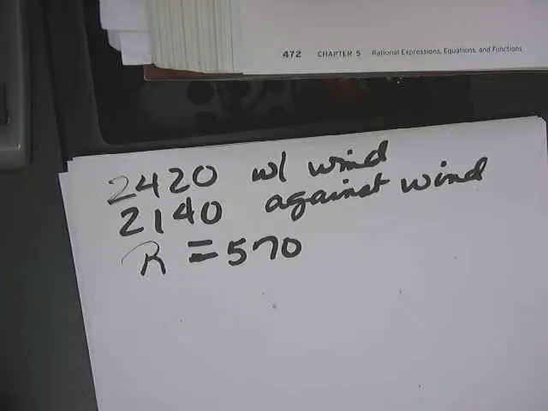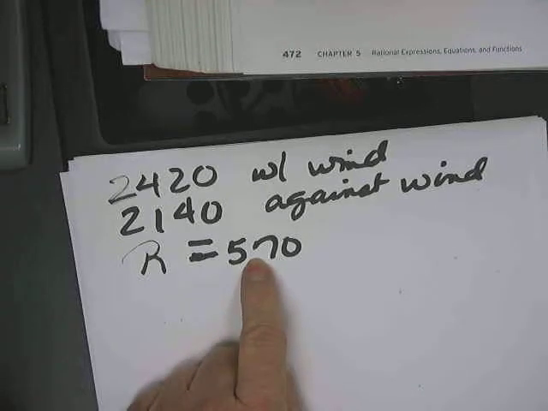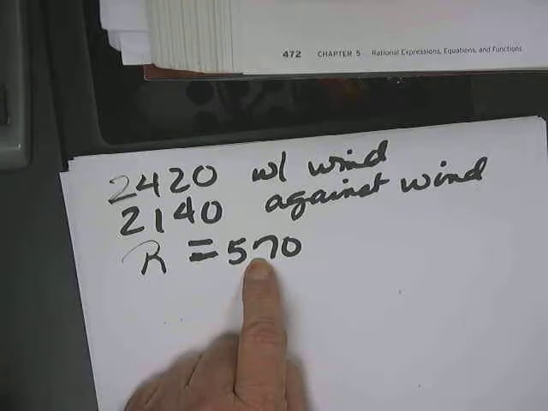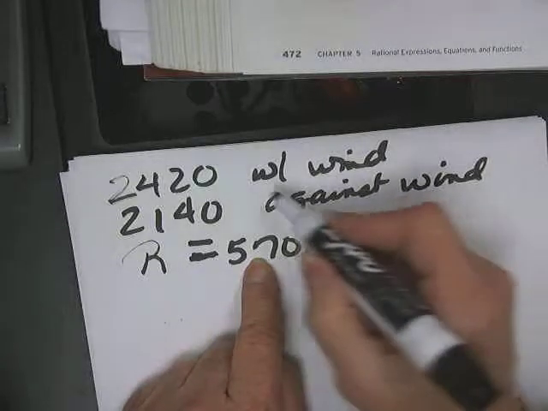Okay. If you have a boat going against current and with current, a plane going with wind and against the wind, things like that, when you have the current of water or wind helping you, you're going to have to add and subtract the current or the wind speed.